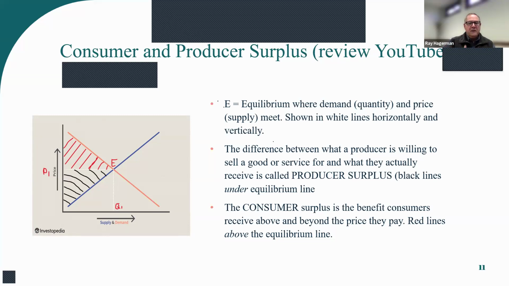The difference between the 3 and the 5 is consumer surplus. It seems like a difficult concept, but it's actually not. It's one or the other: the producer or the consumer got more than they actually paid for, or they got more than they were willing to actually take.